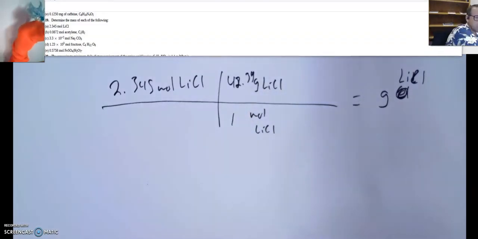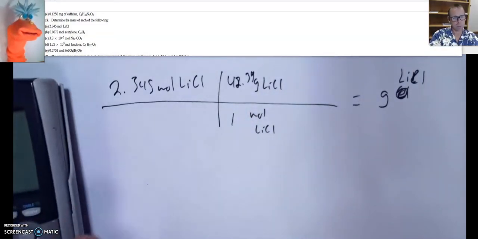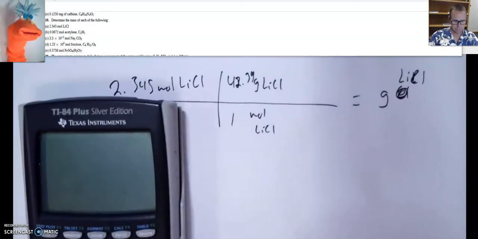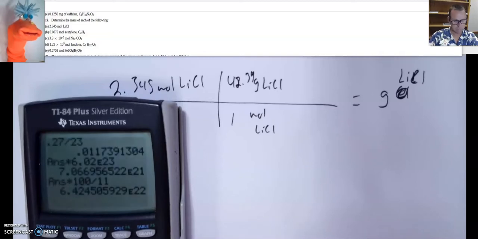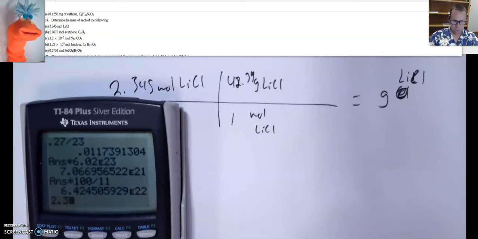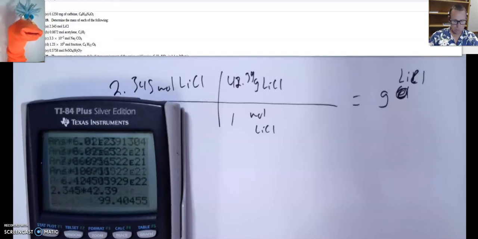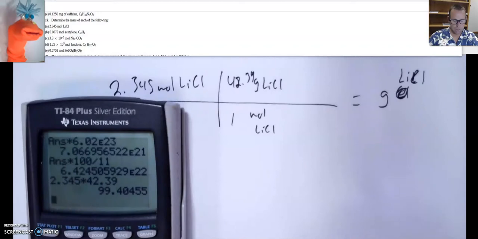So 2.345 times the 42.39. Okay, times 42.39. So 99.4 is our answer for the grams of lithium chloride there.